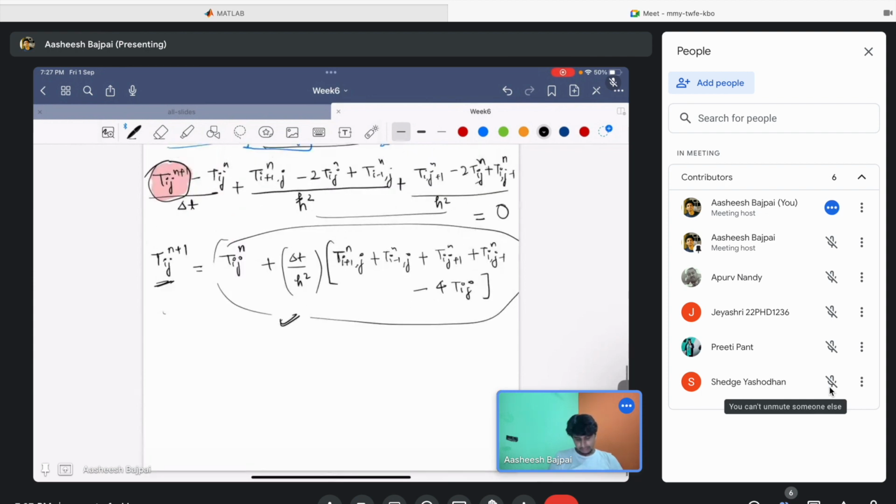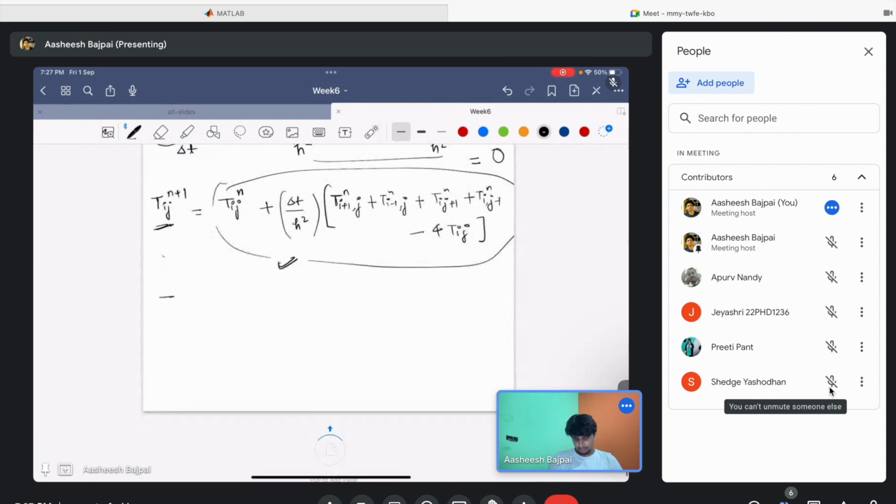So let me write it in another general form: Tij at n plus 1 is equal to Tij at n plus this, let me call it alpha, as we will write in our code, and this whole thing as a. So this is our equation.